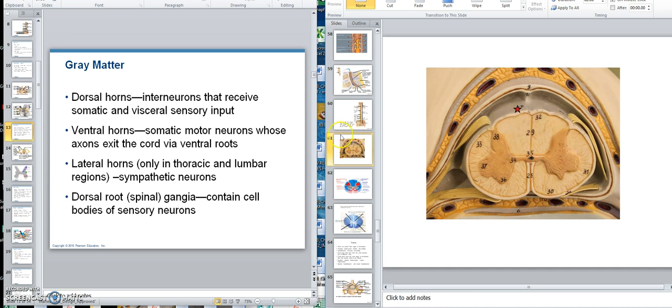Okay, now the gray matter is thrown into something we call horns. It's really a two-dimensional thing. Gray matter is two-dimensional. In other words, if you were standing up and the spinal cord was up, you could just move your hand across in a lateral fashion. The gray matter deals with a lateral fashion.